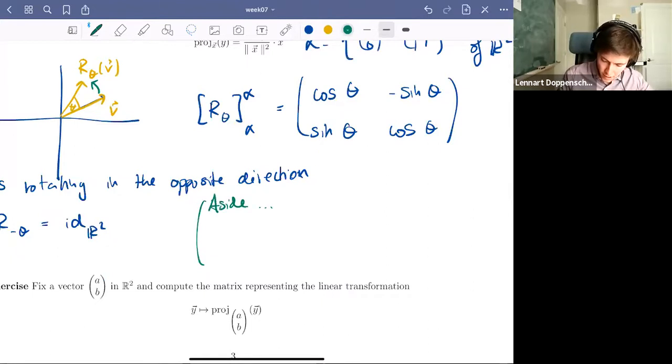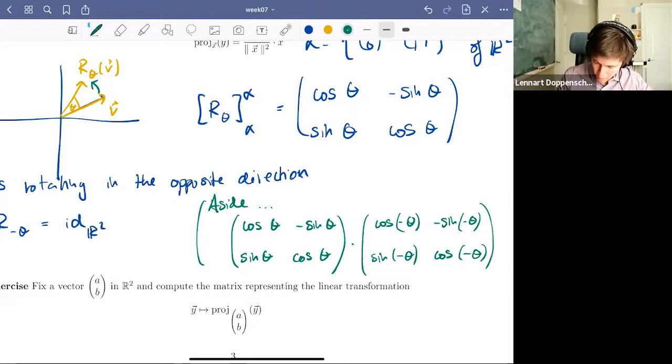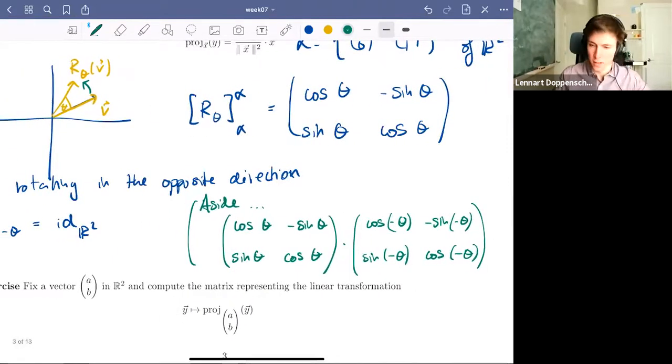this would mean that cosine theta, minus sine theta, cosine theta, which is one of the matrices, multiplied with the matrix with the opposite sign of theta, minus sine of minus theta, sine of minus theta, cosine of minus theta, would have to be equal to the matrix representing the identity transformation.